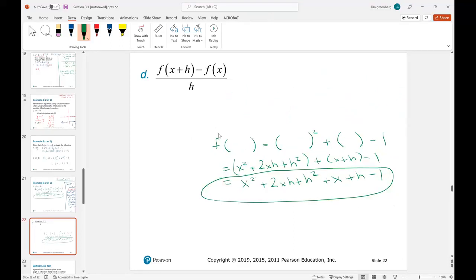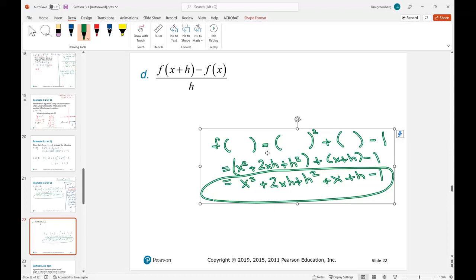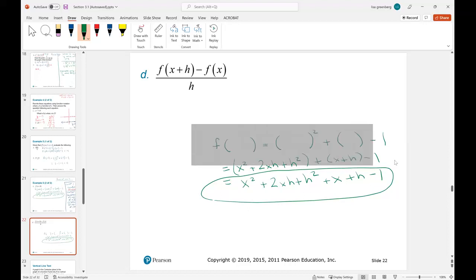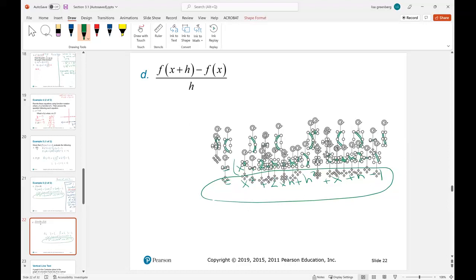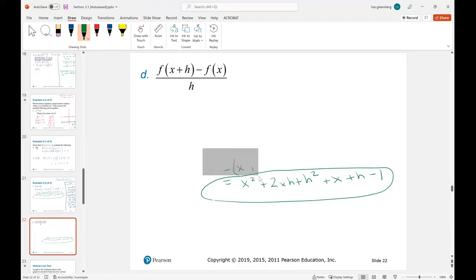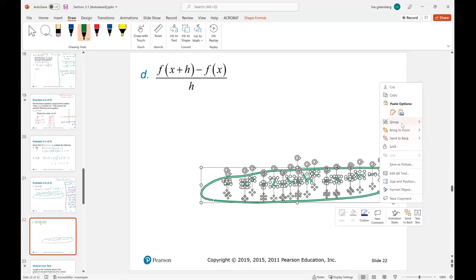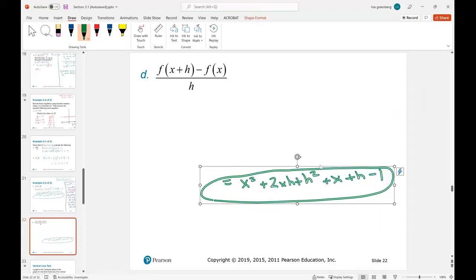And I'm going to get rid of, let's see, ungroup. Okay, so now I should be able to just get rid of, I'm so lazy, right? And I think I did it. All right, let me group them back together so I don't have to worry about that. Group. And now they're just one thing.